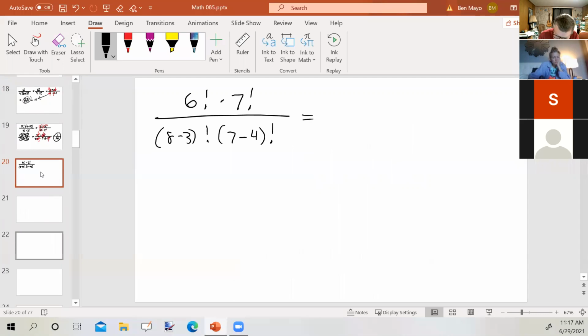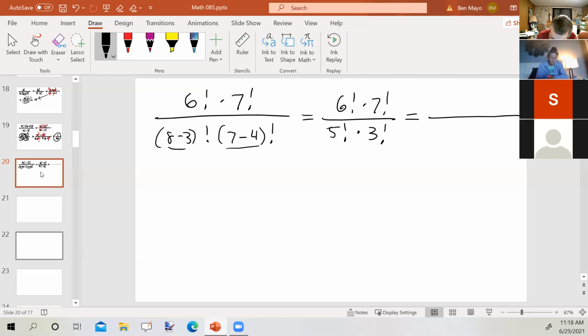Now, the first thing I'm going to do is take 8 minus 3, which is 5 factorial, times 7 minus 4, which is 3 factorial. Again, I'm going to use factorials on top and bottom to reduce them down. Both of the ones on top can consume the ones on the bottom, so I'm not going to worry about which order I do things in.